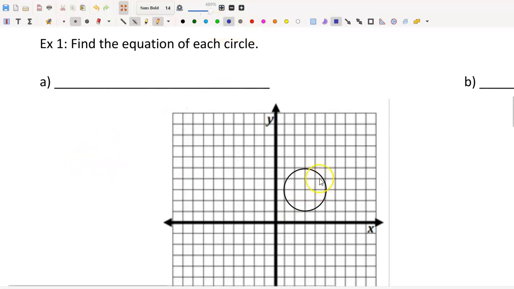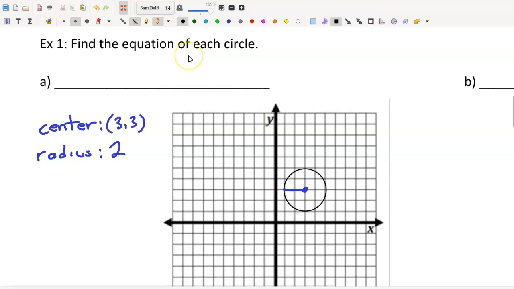So remember two things. Center. What are the coordinates? Start there. So here we have a coordinate of (3, 3). And then what is the radius? Identify that. You probably don't have to write this out, I'm just being thorough. And that's 2.